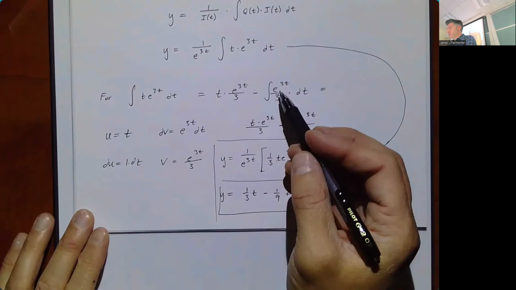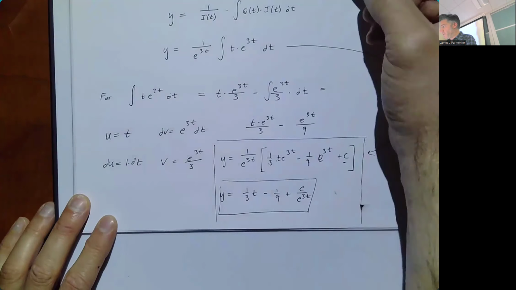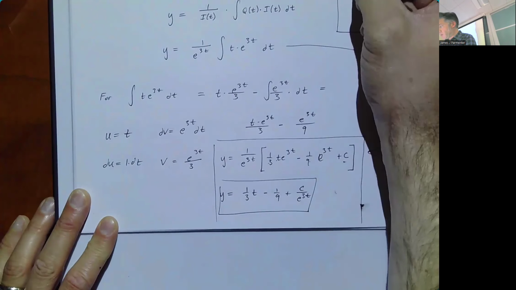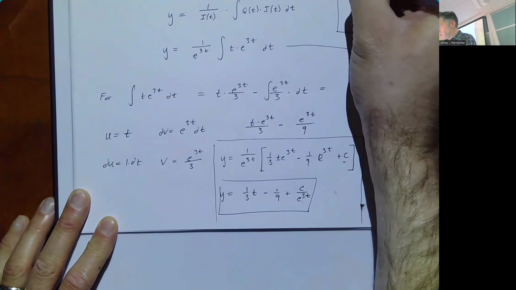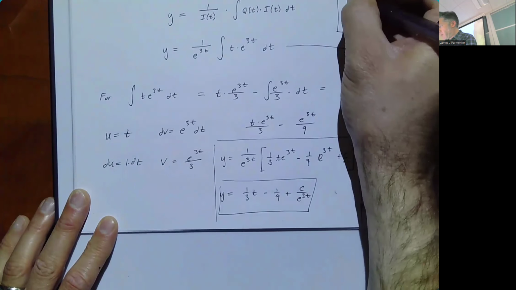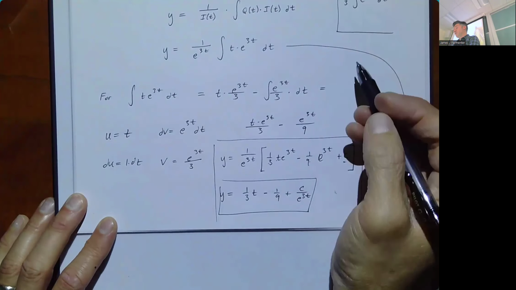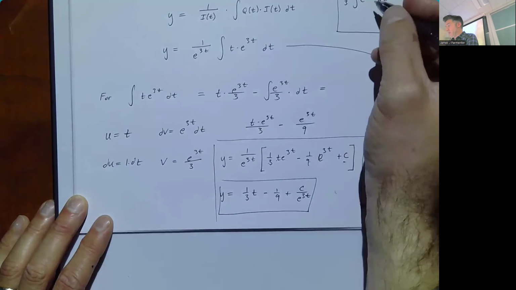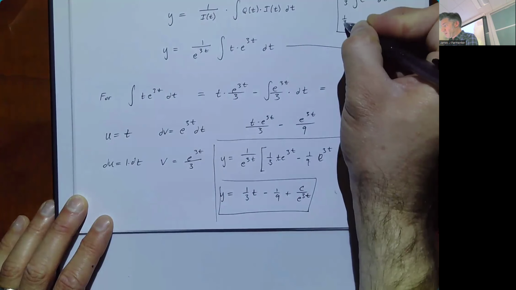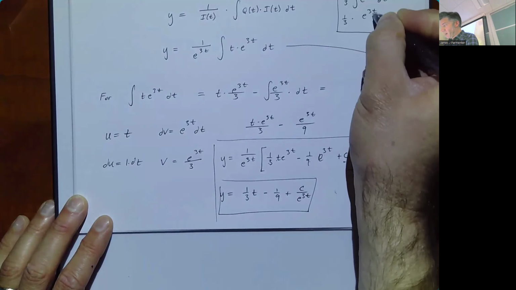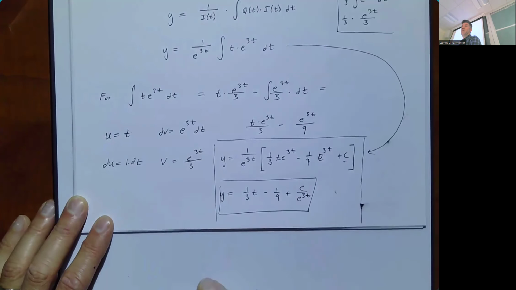Sure. So when we integrate this, I'm really thinking of the integral of e to the 3t over 3 as 1/3 times the integral of e to the 3t. And then when we integrate or antidifferentiate e to the 3t, it ends up being e to the 3t divided by another 3.